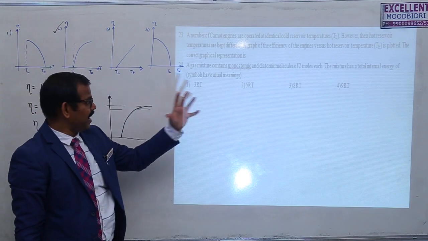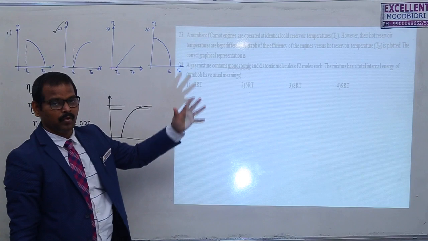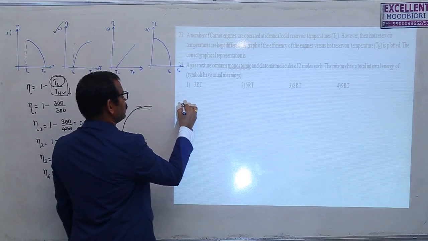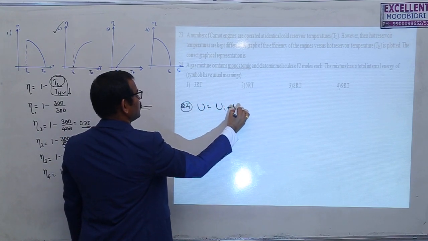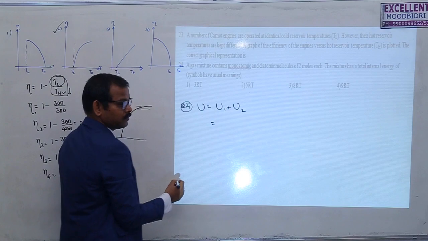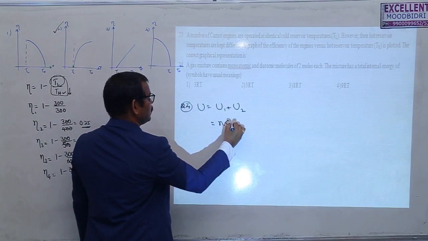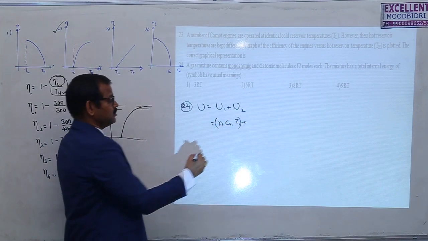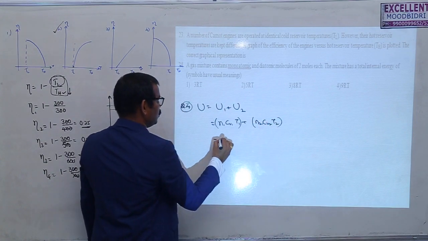Now 24. A gas mixture consists of monoatomic and diatomic molecules of 2 moles each. What is the total internal energy of the mixture? The total internal energy of a gas system is internal energy of first gas plus internal energy of second gas. So we can write n1 Cv1 T1 plus n2 Cv2 T2.